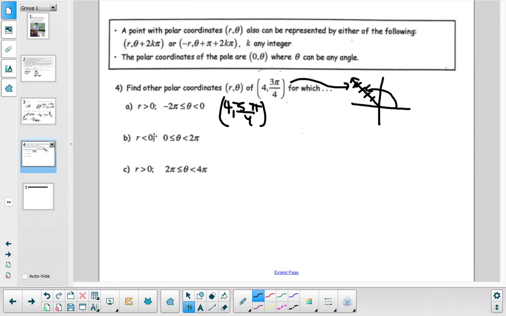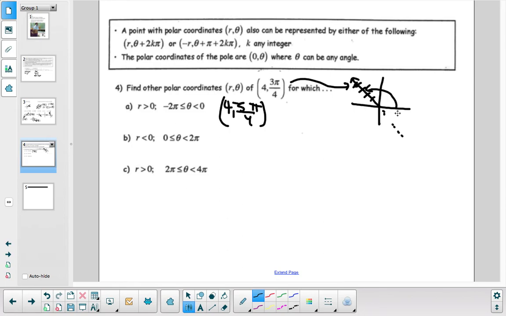All right, a negative radius, positive angle. With a negative radius, we know that we're going to need to flip it over. So the flipped position is here. I need my angle to get here so that when I flip it, it lands back onto the correct location. These reference angles need to be the same. So pi over 4 is our reference angle.